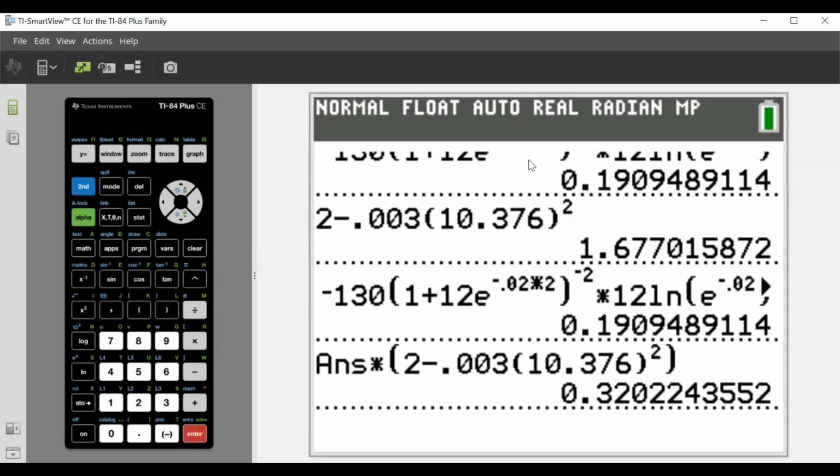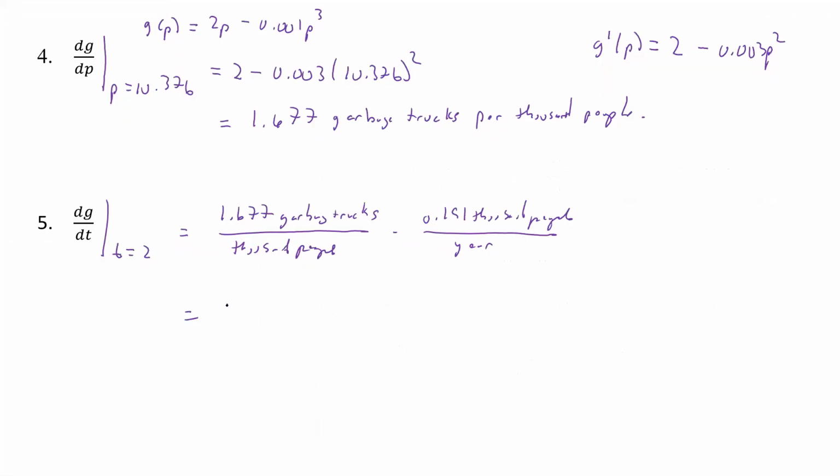So I need 0.320 garbage trucks. And because remember here, 1,000 people, and then it's going to be per year. Okay, and so that would be my dG/dt when t is equal to 2.